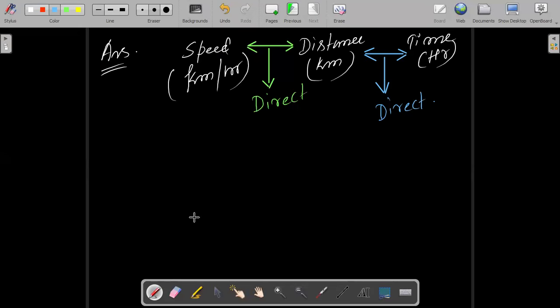Now coming to distance and speed, distance and time. Now time and speed. Now next one is speed versus time. What is their relation?